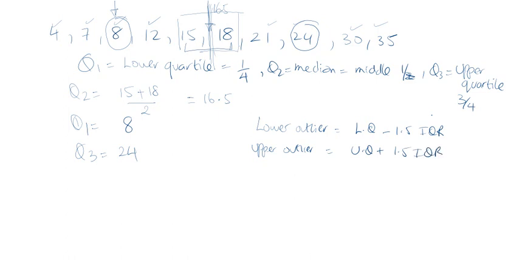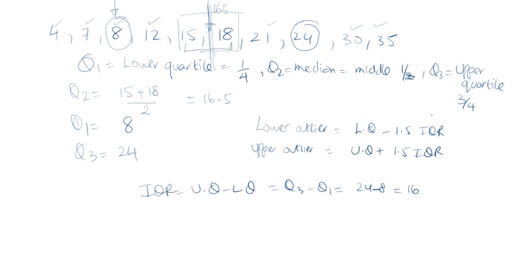Now, what is the interquartile range? By definition, it's the upper quartile minus the lower quartile. So here it's Q3 minus Q1, that's 24 minus 8, and that's 16. So the interquartile range is 16.